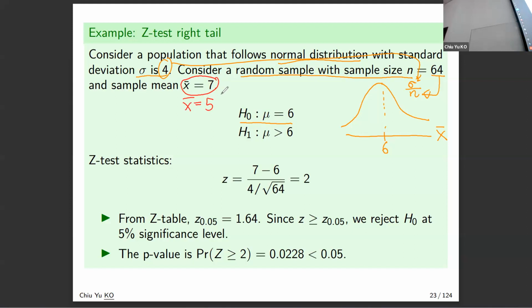Actually, you don't need to do anything. X bar is 5, you can go home. Why? Because you will not be happy only if it is more than 6. So only if it is more than 6 will you try to do something. You want to see whether it is bigger than 6 enough or not.